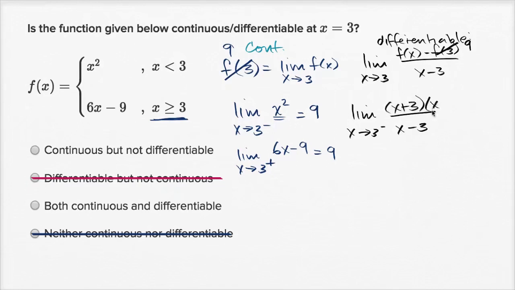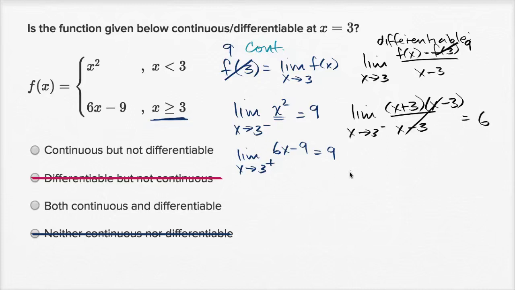These would cancel out. We can say this is equivalent to x plus 3, as long as x does not equal 3, and that's okay because we're approaching from the left. x plus 3 is defined and continuous for all real numbers, so we can just substitute the 3 in there, and we would get a 6.